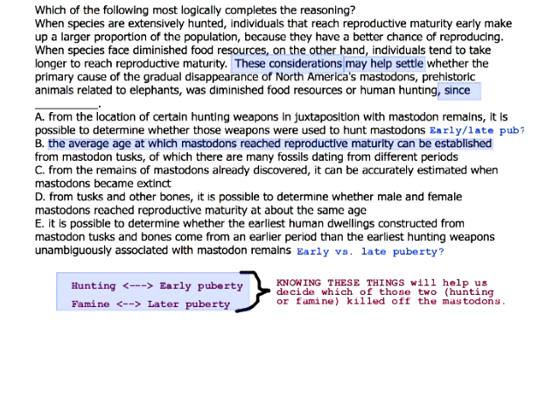This is definitely the right answer, because it means that we can use these considerations to decide. If they hit it early, hey, hunting. If they hit it late, hey, famine. This one is just when they became extinct, but not how. Again, it has nothing to do with the early or late puberty criterion.